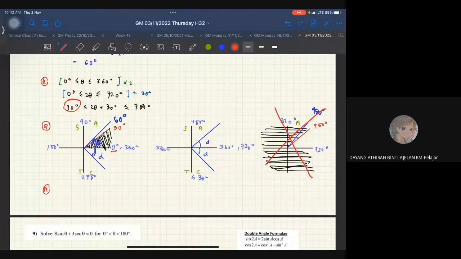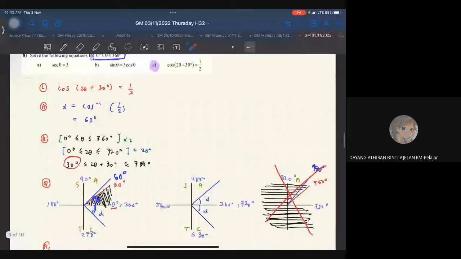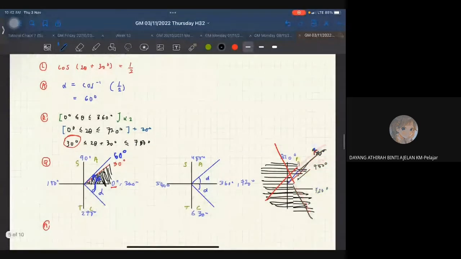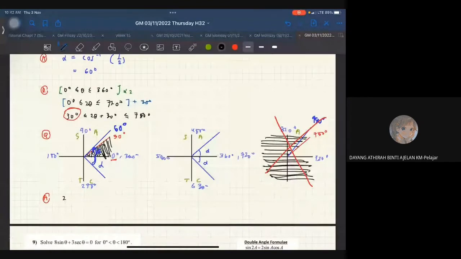So final answer ni, awak kena berhati-hati. You need to be very careful in writing your subject. So subject awak, dia akan follow dekat sini. Okay, ataupun awak boleh juga tengok dekat atas ni. So your first subject supposed to be 2 theta plus 30 degree. 2 theta plus 30 degree. Okay, barulah cari sama dengan apa.